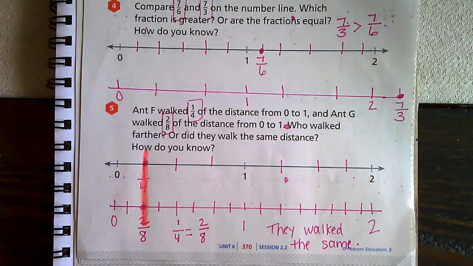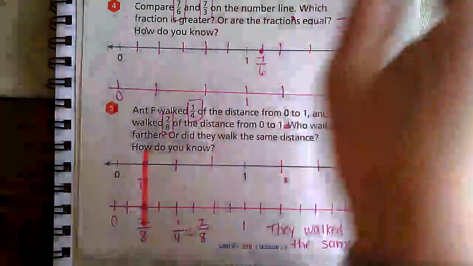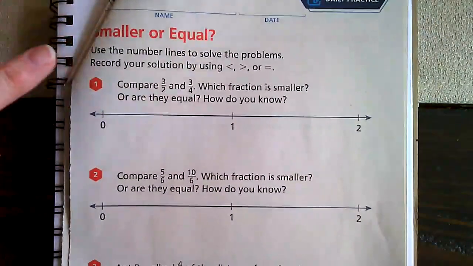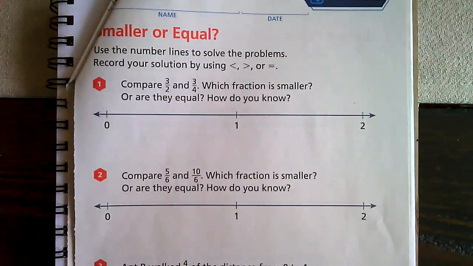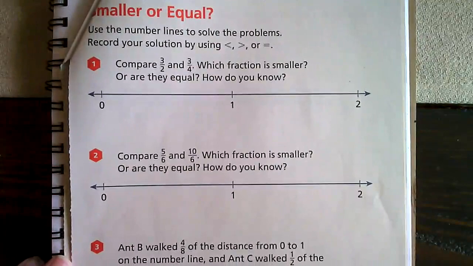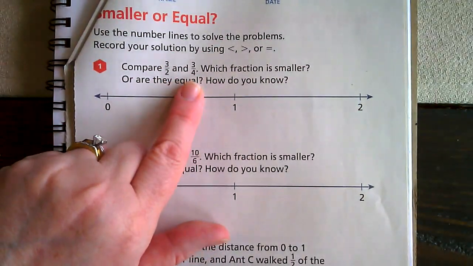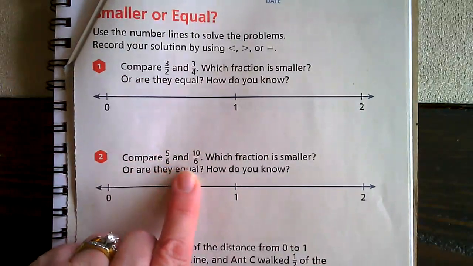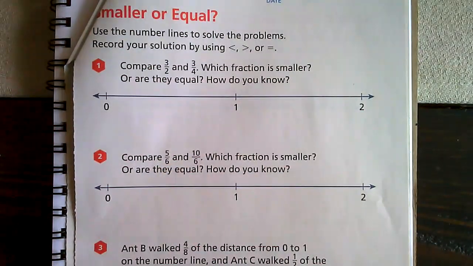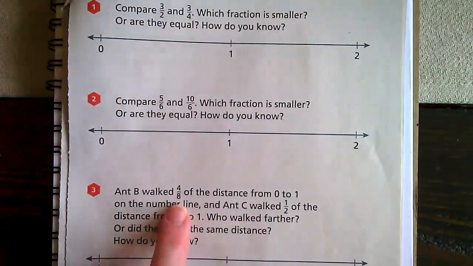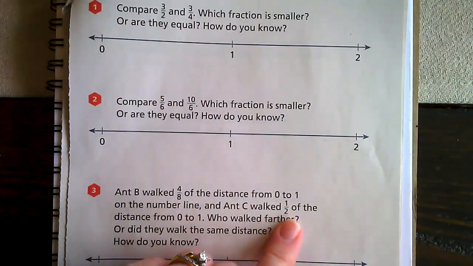What you're going to work on now is a page that's called Smaller or Equal. There's 3 problems, and you're doing the same thing that we were just doing, comparing 3/2 and 3/4, 5/6 and 10/6, and the last one you're comparing 4/8 and 1/2.